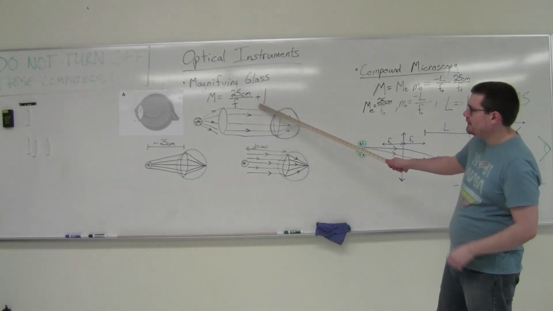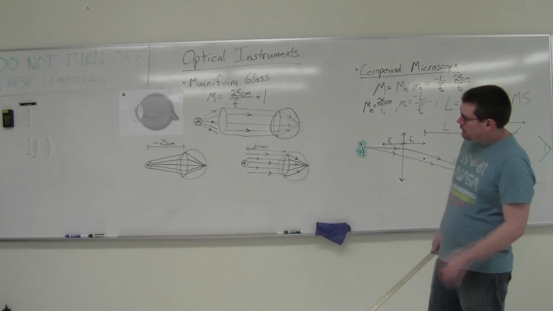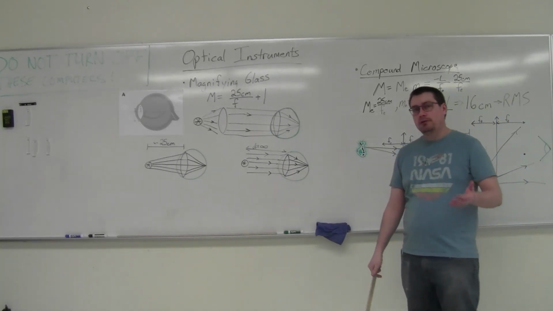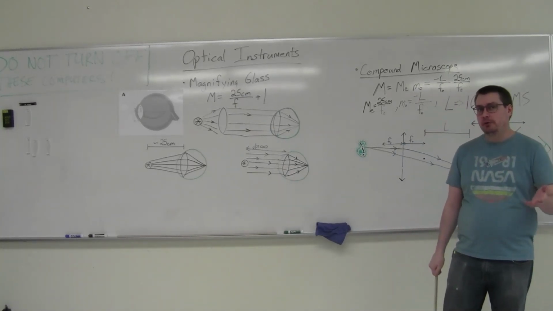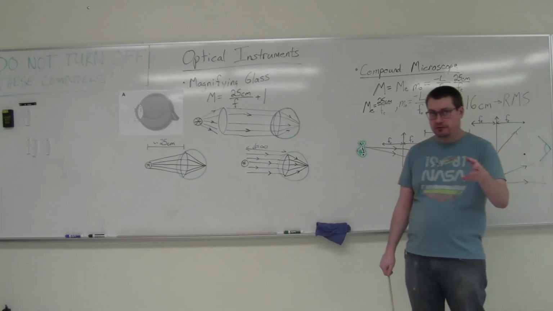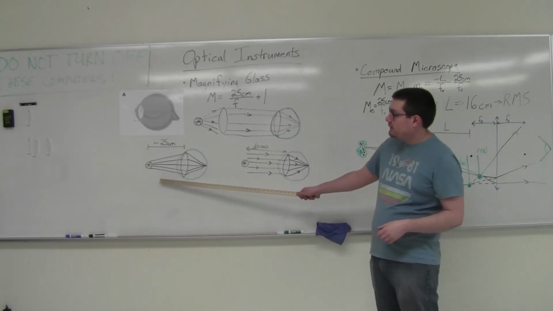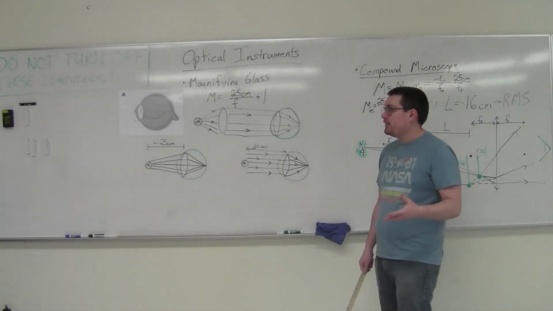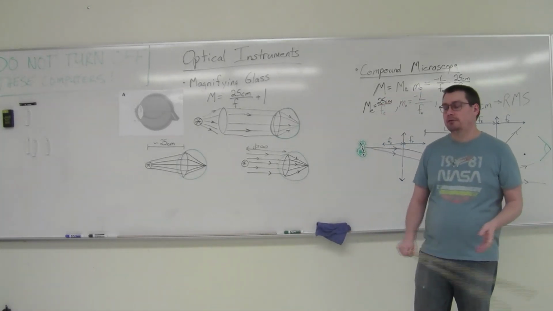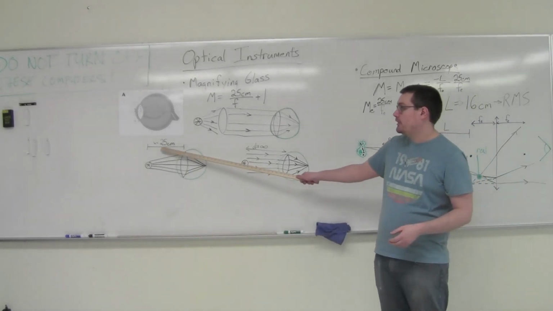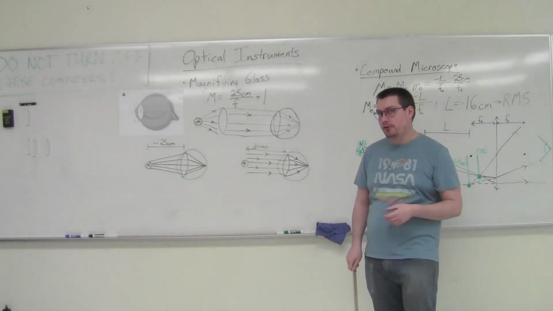So your eye can see light that is coming in parallel to its horizontal axis very well. This is seen whenever we see faraway objects, stars, or even things just a meter or two away. The other way our eye can make sense of things is if it is at or within the focus point of our eye. So our eye's focus point is around 25 centimeters away from the front of our face.